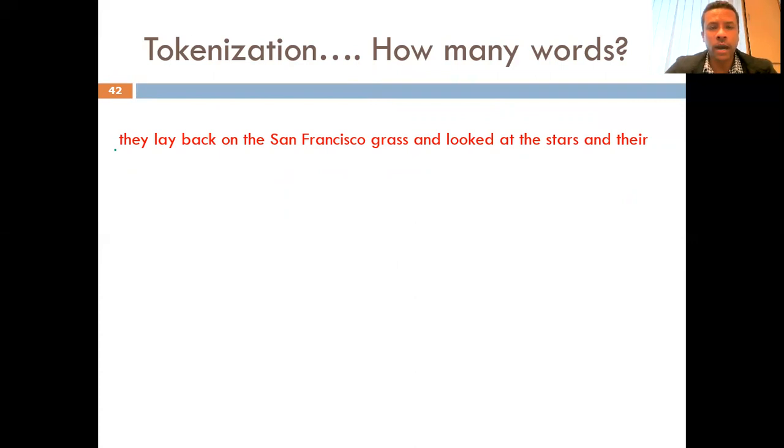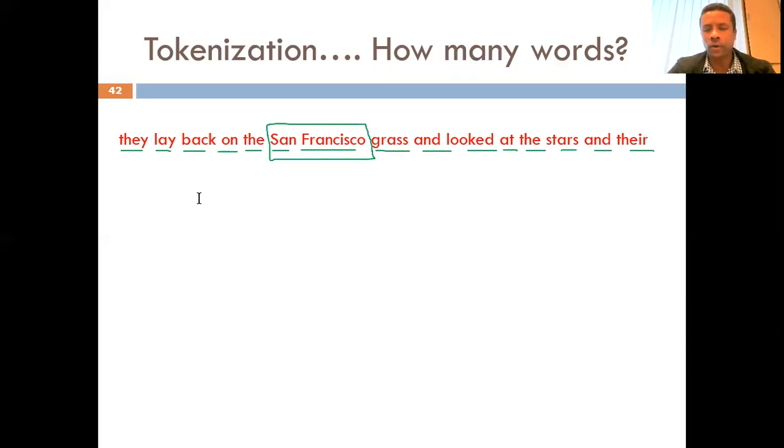Let's count them. 1, 2, 3, 4, 5, 6, 7, 8, 9, 10, 11, 12, 13, 14, 15, 16. Okay, why did you count this as two? Because of the space. It's because of the space.